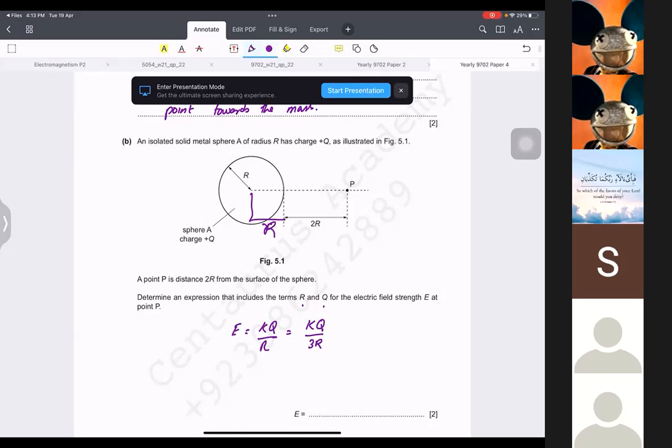Shouldn't it be the answer? Or wouldn't it be 4 pi times 3R squared? 4 pi 3R, and then you square the 3 also.